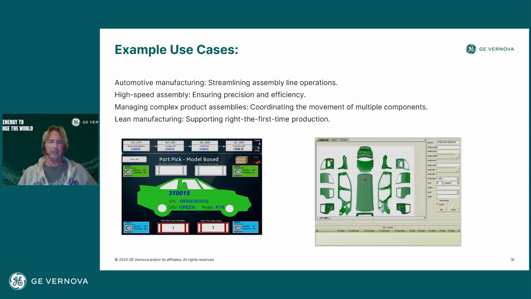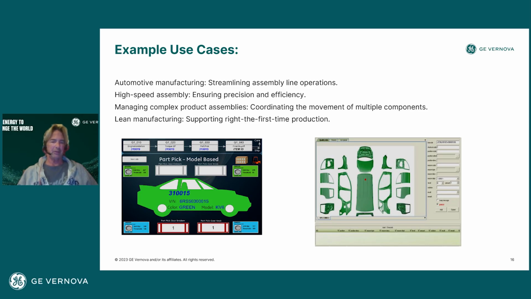Just kind of summarizing here, some of the example use cases, of course, are in automotive manufacturing, streamlining the assembly line, your high-speed assemblies, whether it be appliances, computer manufacturing, managing complex product assemblies when you need to have specific attributes, perhaps in a build-to-order system where each order is unique and might call for a specific configuration.